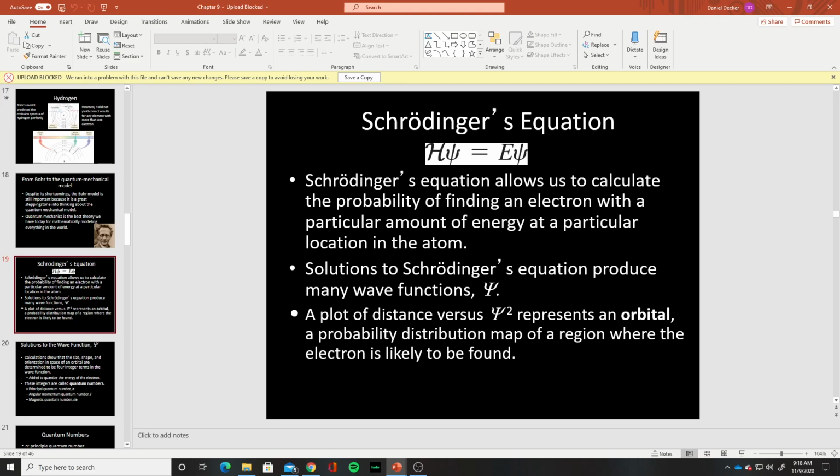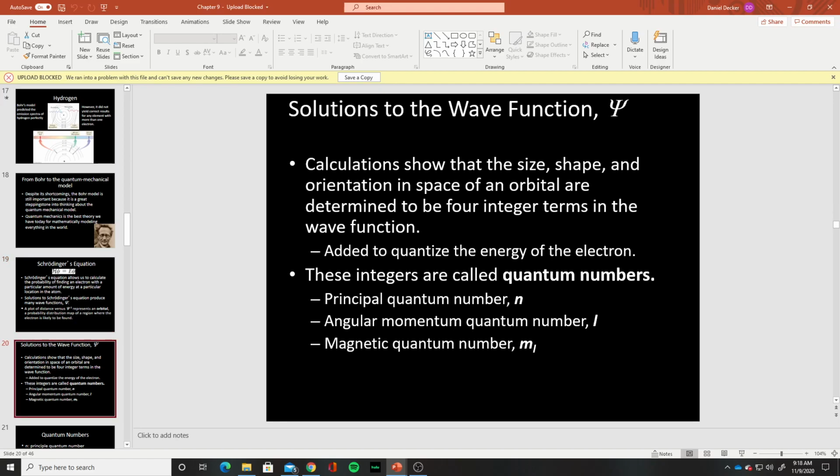Same thing with Schrödinger's equation. I'm not going to have you solving Schrödinger's equation, obviously. You would need to be in a graduate level chemistry course to be solving Schrödinger's equation. I only did that a few times when I was in school, and it was unpleasant, so I'm not going to make you do it. And actually, it can only be solved for very, very simple situations anyway.